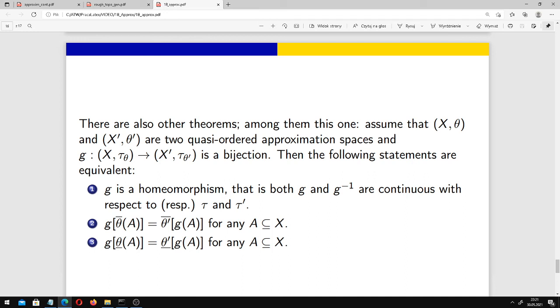Assume that we have two quasi-ordered approximation spaces and a certain function between them, which is a bijection, function g. And then the following statements are equivalent.